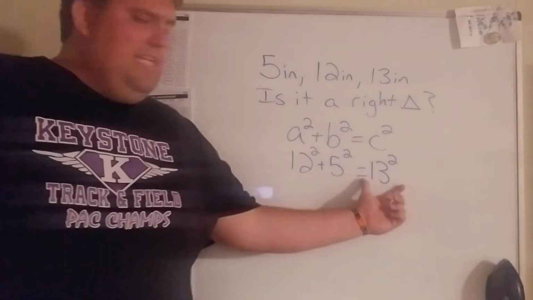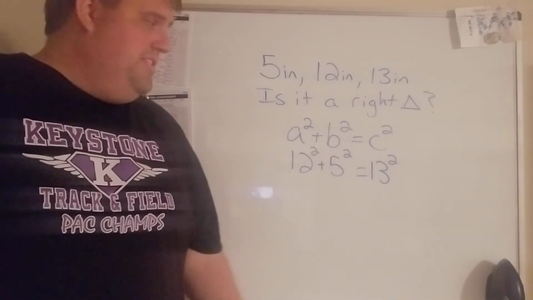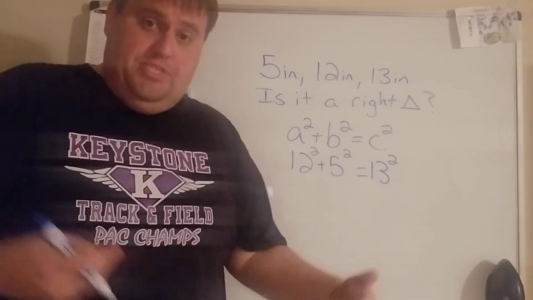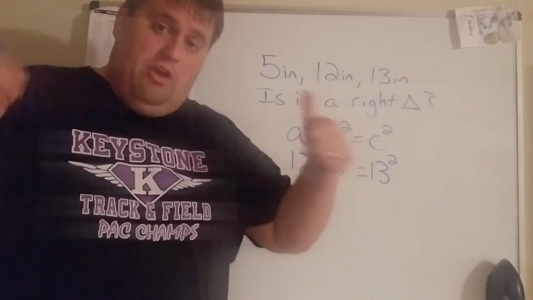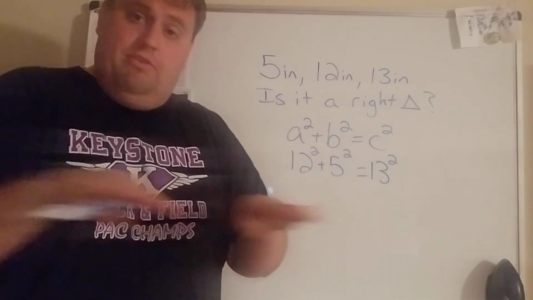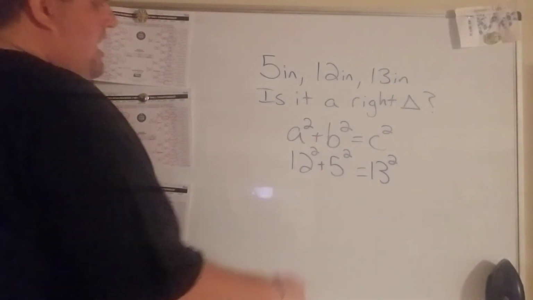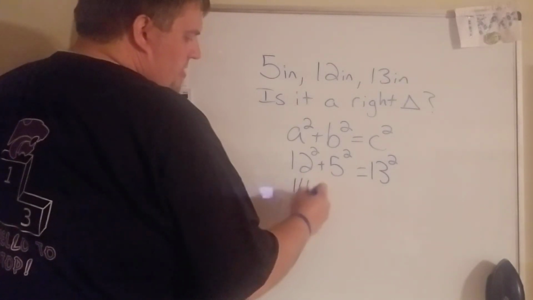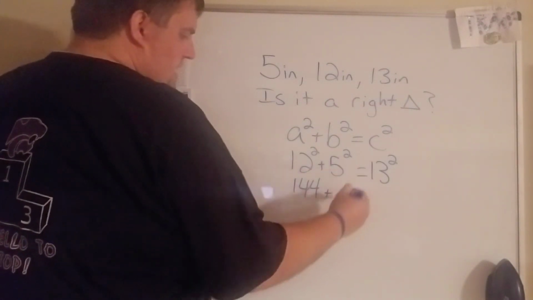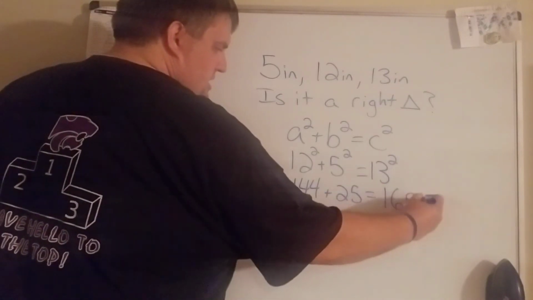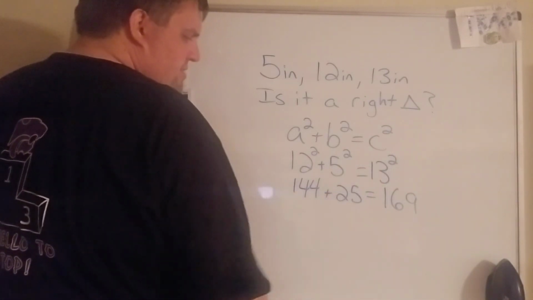Then, once I set it up with the biggest side in for c, I'm basically just going to do the math and see if they're the same on both sides. If they are, hey, cool, it's a right triangle. If they're not, it's not a right triangle. So, 12 squared is 144. 5 squared is 25. 13 squared is 169. Add these two together.